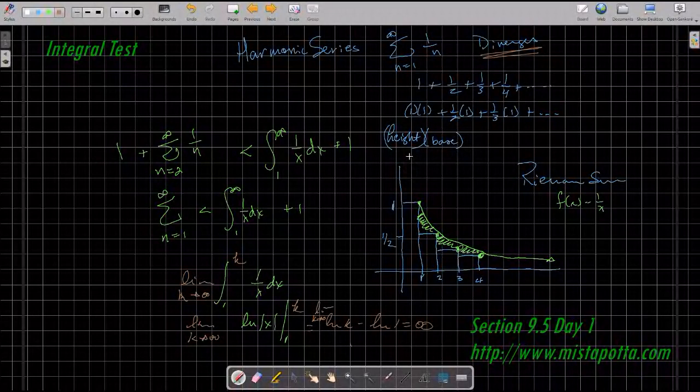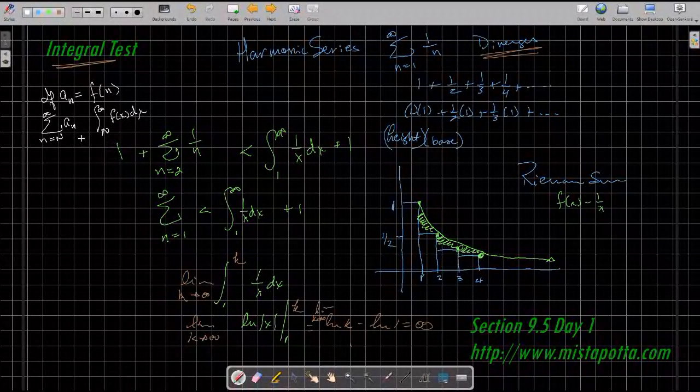So I can use this idea of an integral test, and I can look at particular functions where if a sub n is really some function evaluated at a particular value of n, then I can compare the sum from n equals some value to infinity of a sub n with the integral from n to infinity of f of x dx.